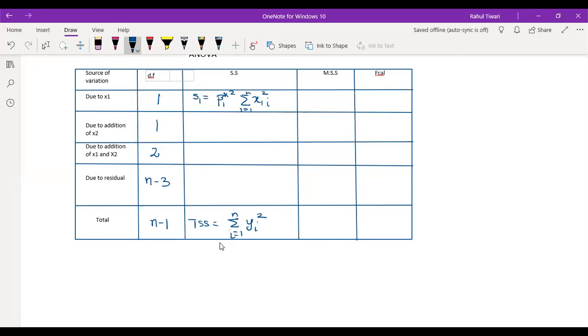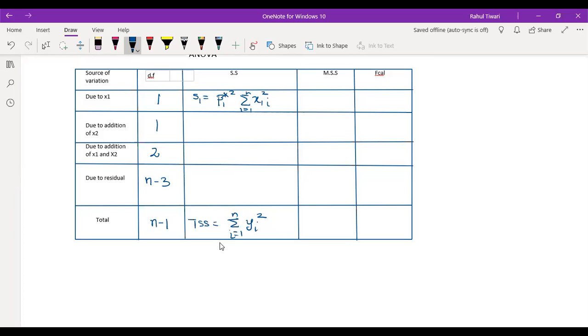Then if I take a difference of, let's say, this is due to residual. The whole part is your ESS, which we have already seen.